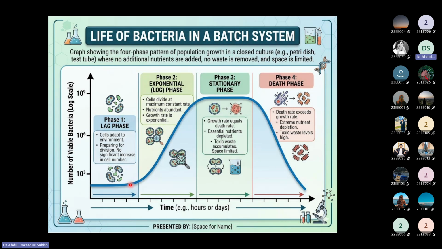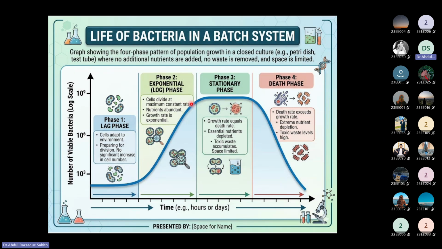Afterwards, in the second phase, the bacterial population increases exponentially. That's why it is also called the exponential phase. Here the cell divides at the maximum constant rate, and at this stage nutrients are abundant. Maximum nutrients are available because this is the start of the process. And the growth rate is exponential.